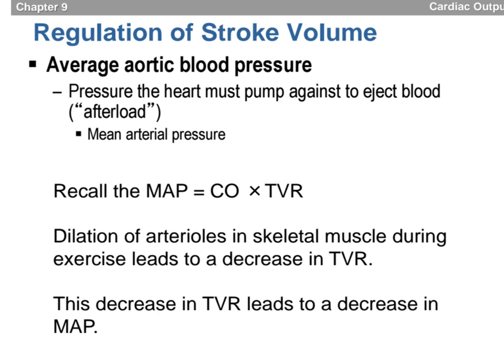So when there's vasodilation, that goes down and more blood flow happens. And if the total vascular resistance goes down, for a given rate of cardiac output, the mean arterial pressure goes down. That means that during exercise, you actually have a reduction in afterload. This may help the ventricles eject blood, and it will actually increase the stroke volume.